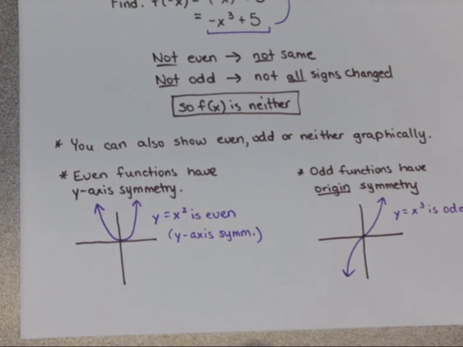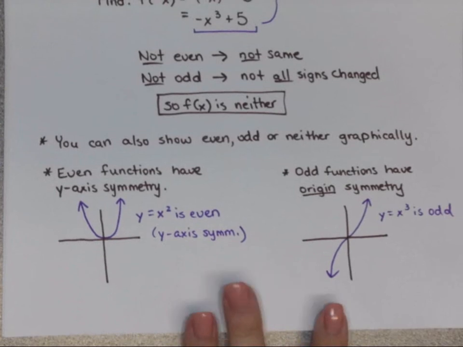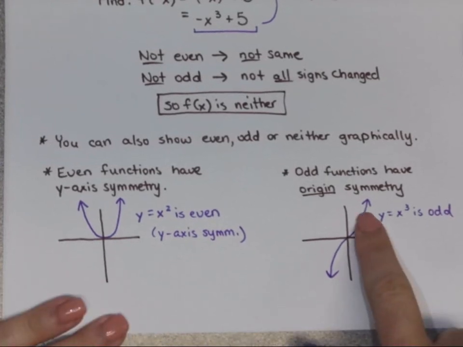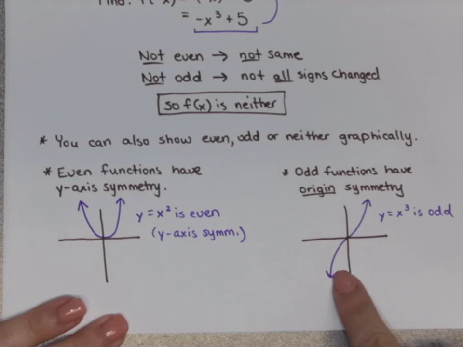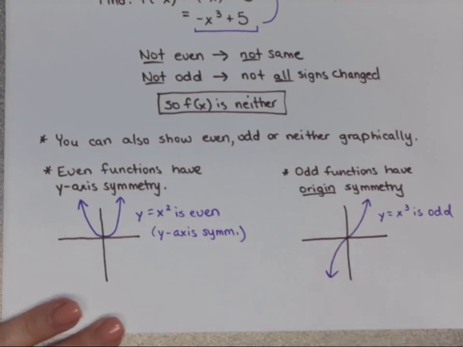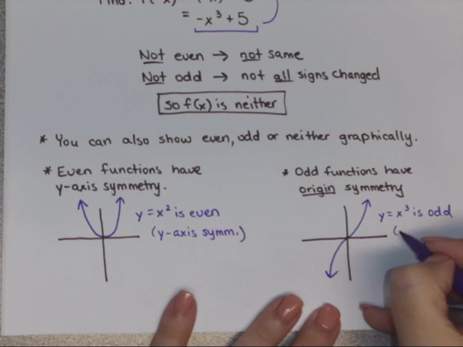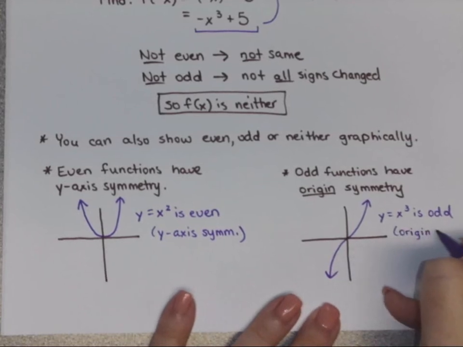So notice how this looks. This is how all origin symmetry graphs look. It almost looks like you took this piece and kind of rotated it around 180 degrees. Like I said, it's not as easy to tell origin symmetry as it is to tell y-axis symmetry. Okay, so this is what's known as origin symmetry.